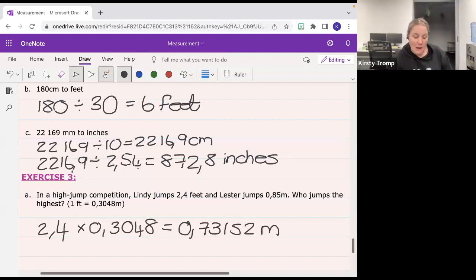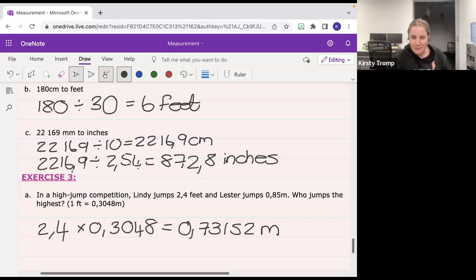meters. Now I need to compare. So I need to see which one is higher, 0.85 or 0.73152. In other words, who's jumped higher, Lindy or Lester? Which one is higher, Lindy or Lester, guys? Put it in the chat, throw it out there, Lindy or Lester, who's jumped higher?